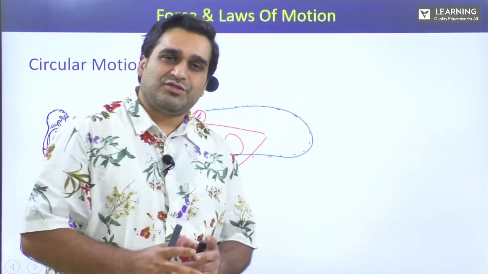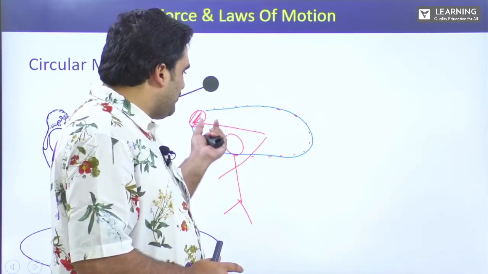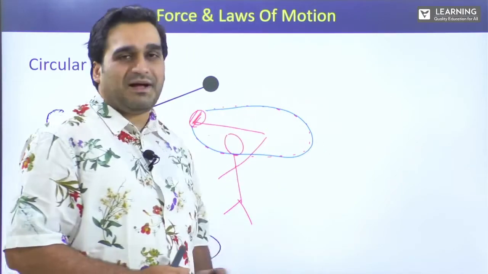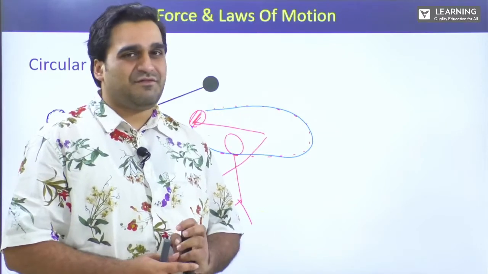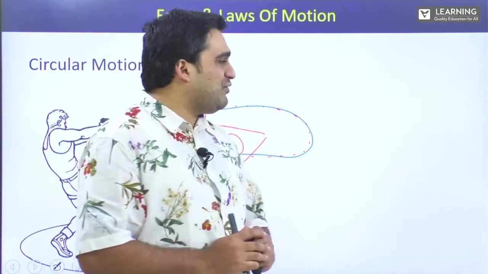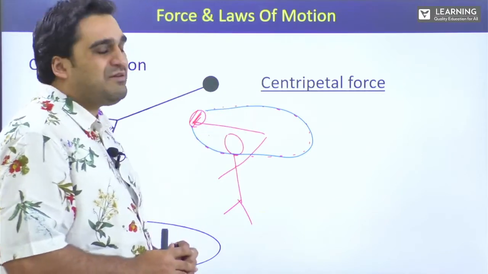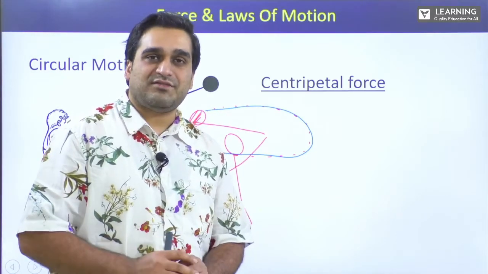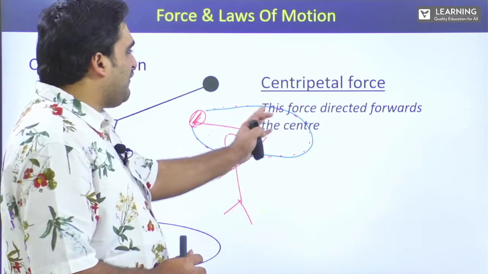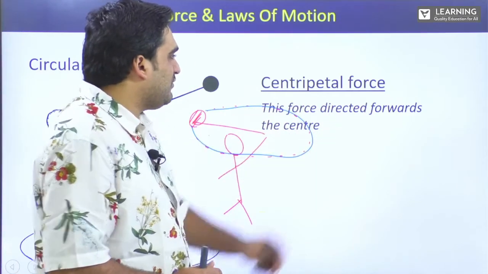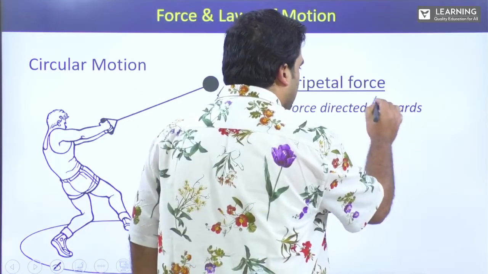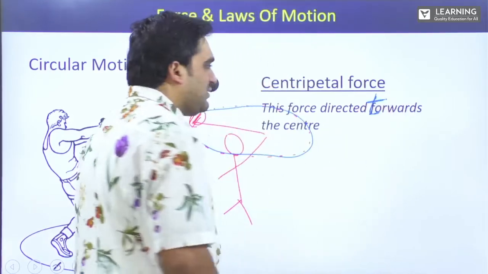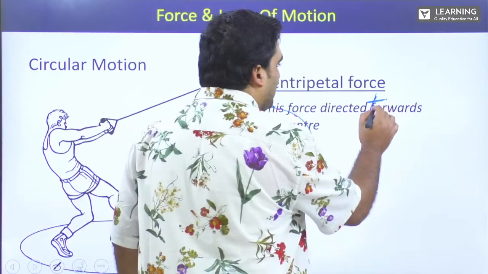So what force is acting on the stone to move in its circular path? There has to be some force, and that force is what we call a centripetal force. How do we define a centripetal force? A force that is directed towards the center, not forward.